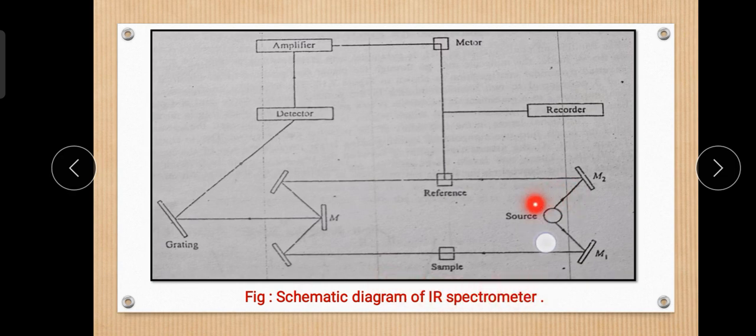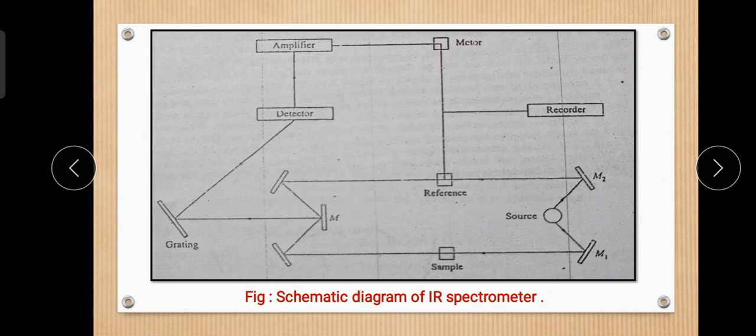Here we have a source, that is the IR source, which is a Nernst glower or another source which emits infrared radiation, and this radiation is collected on the mirrors M1 and M2.